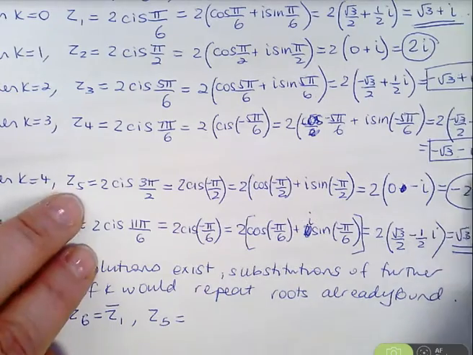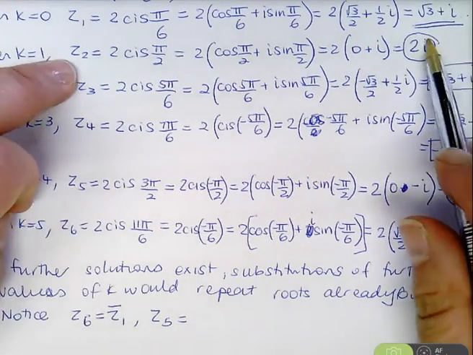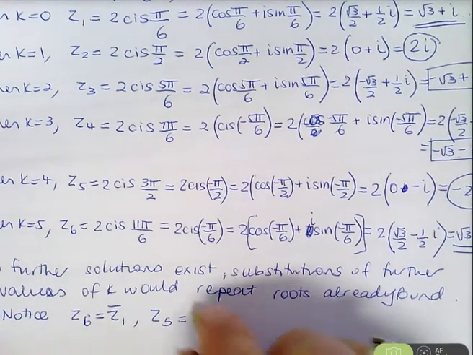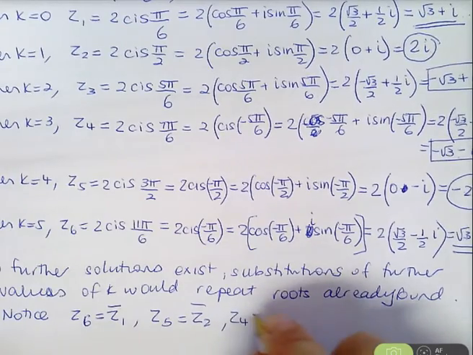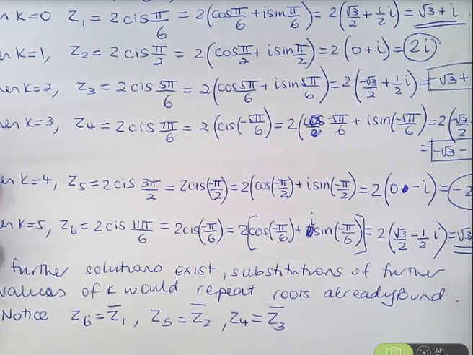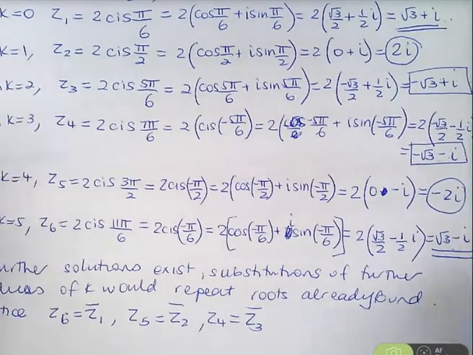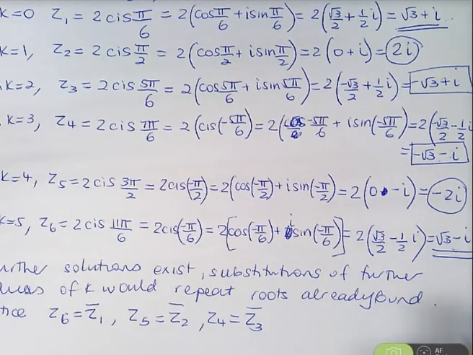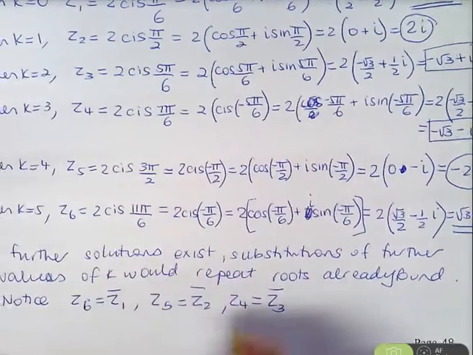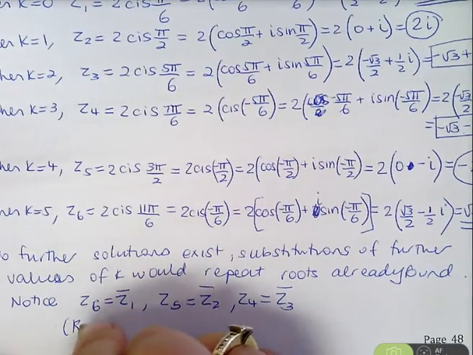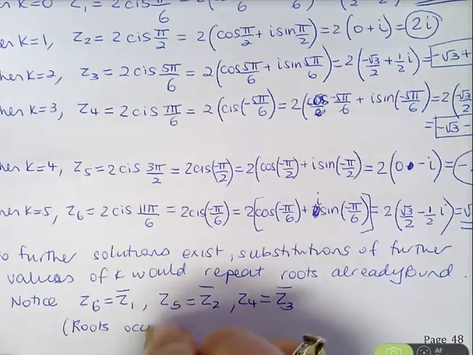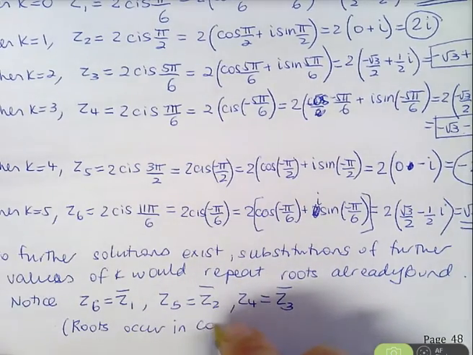Z5, the fifth root, is the complex conjugate of Z2. And Z4, the fourth root, is the complex conjugate of Z3. In other words, the roots occur in conjugate pairs.